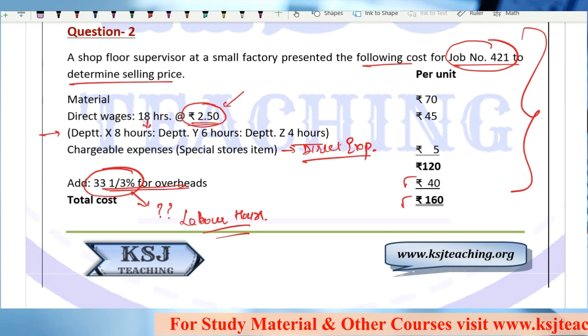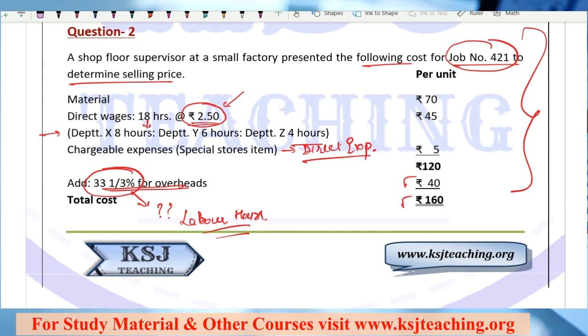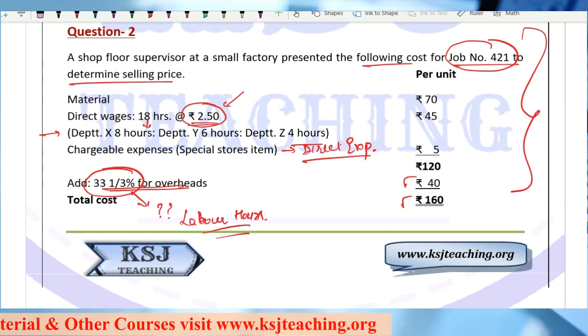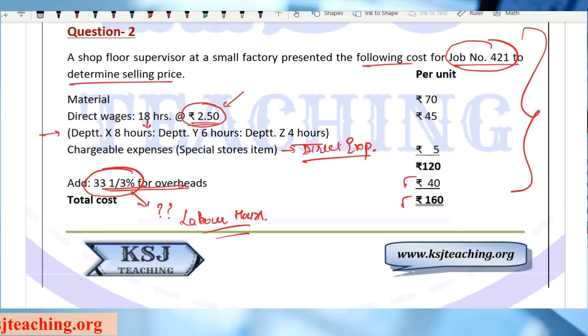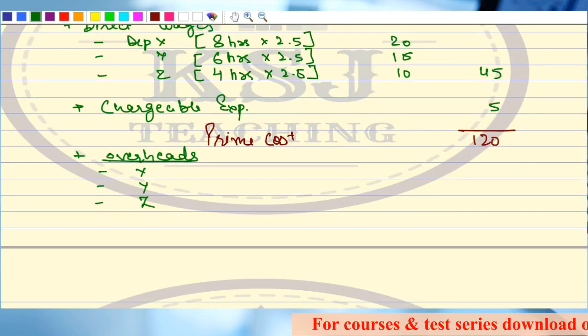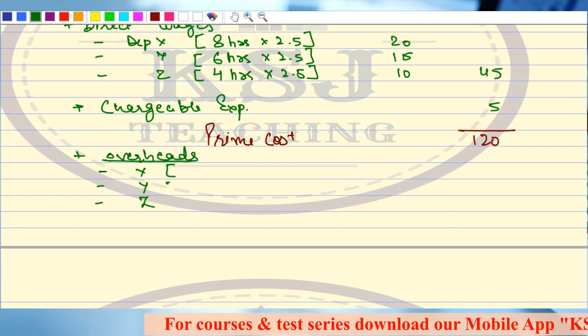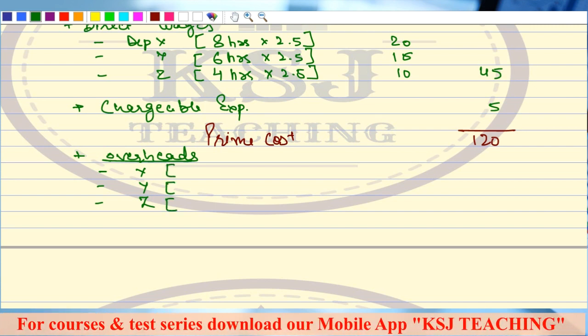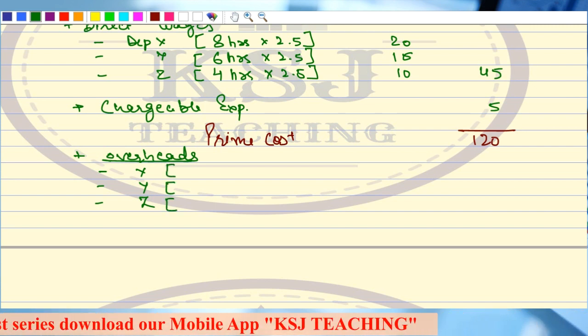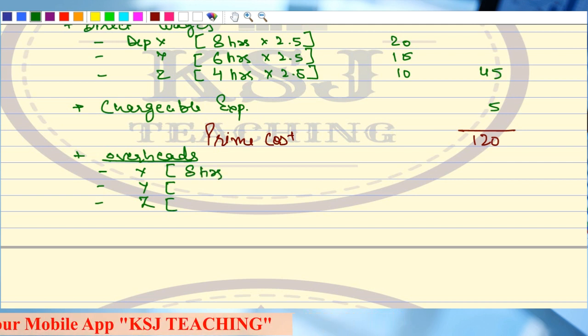He has directly taken 1.3%, whereas we as the chartered accountants or the cost accountants are going to absorb the overheads on the basis of labor hours. Now can you tell me, for this particular job, what are the labor hours in each department? Sir, 8 hours, 6 hours and 4 hours.